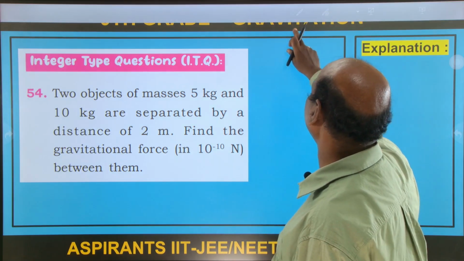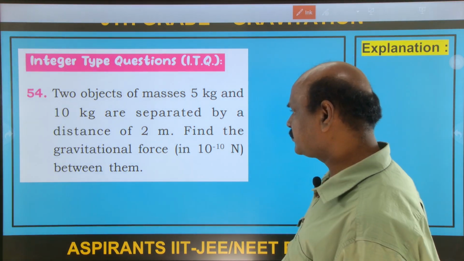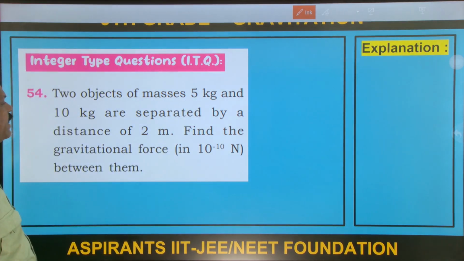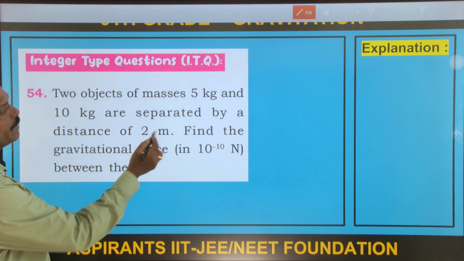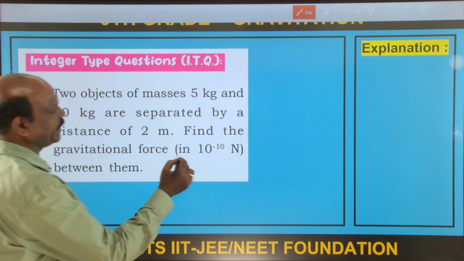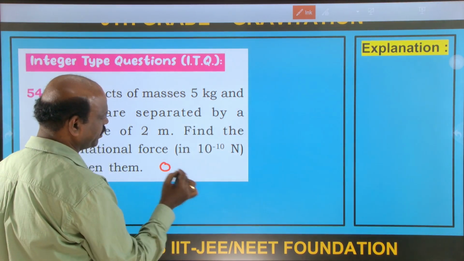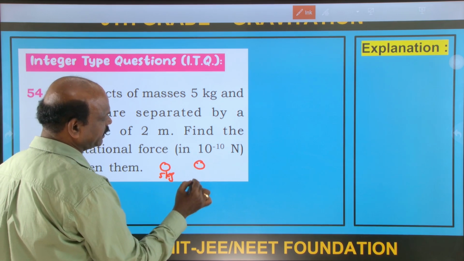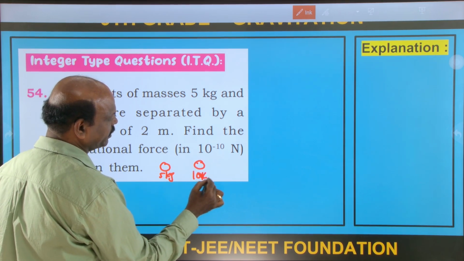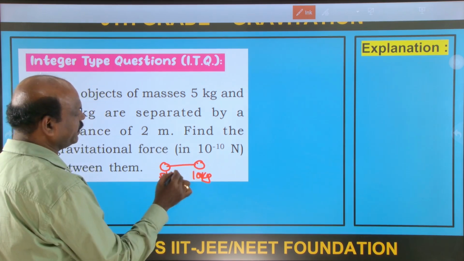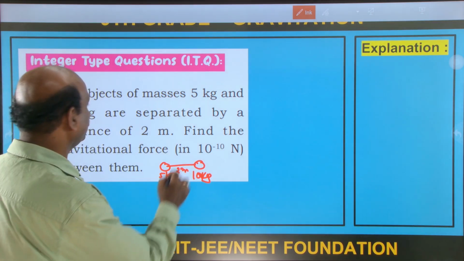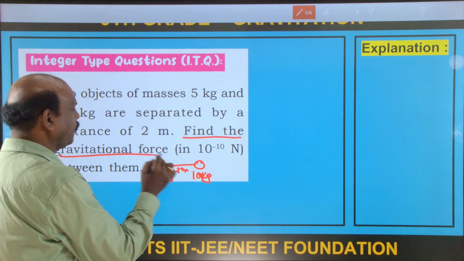So as you already know, if you take, these are the two bodies, this is 5 kilograms and this is 10 kilograms, and they are separated by 2 meters. So what is the gravitational force?